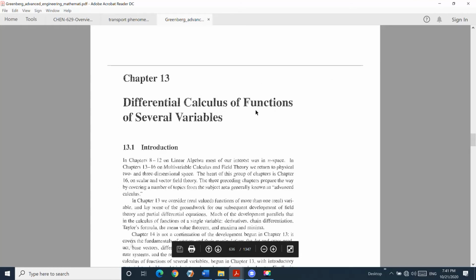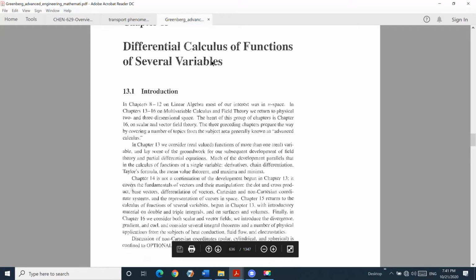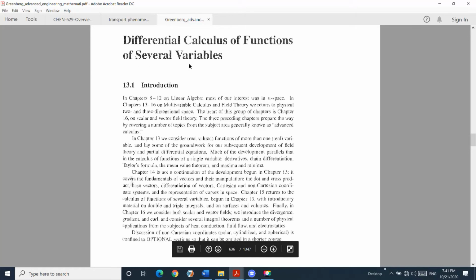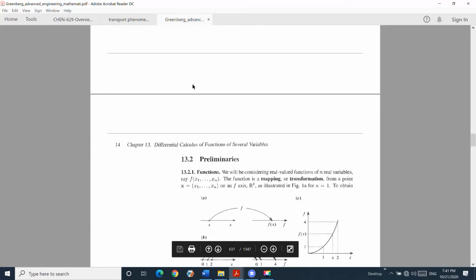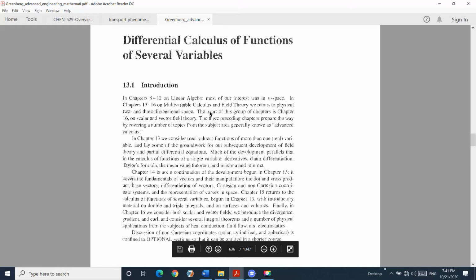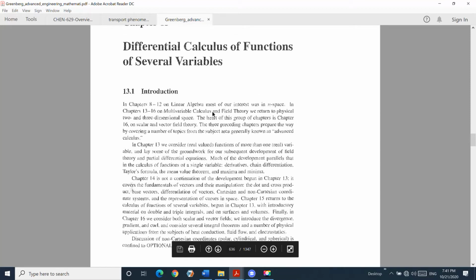Chapter 13 is differential calculus of functions of several variables. If you have more than one variable, the differential calculus of such a function is available in chapter 13.